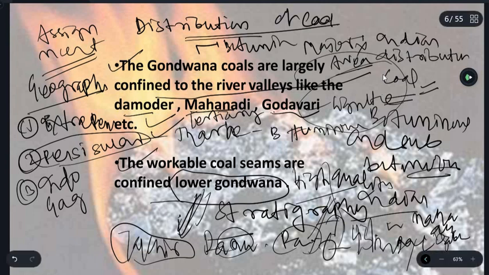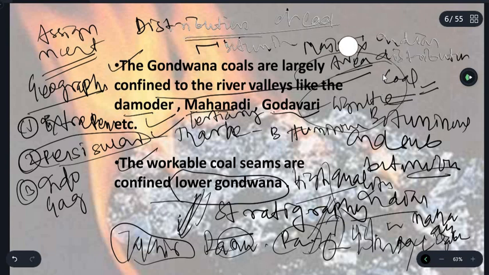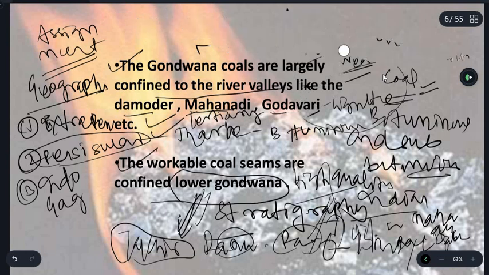Fuel ratio is something in which you can find numericals also. Fuel ratio is equal to fixed carbon divided by volatile matter. Exactly right. It is also important, because numerical questions can come from here. Repeat, sir?